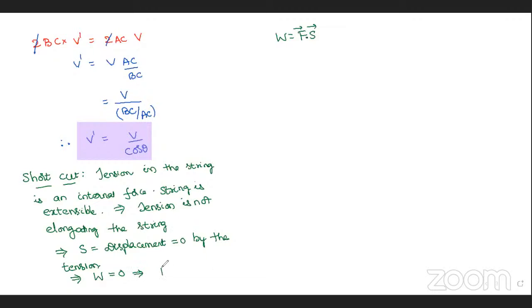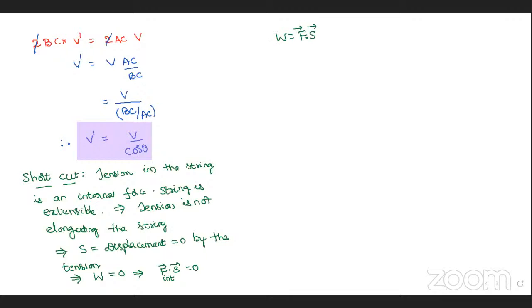That's why I write here F bar dot S bar should be equal to 0, where F bar is the tension, that is the internal force. We discussed cross product and dot product; this is one example for dot product, F dot S.